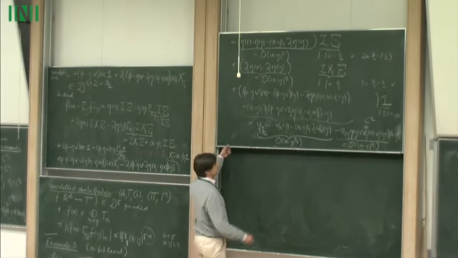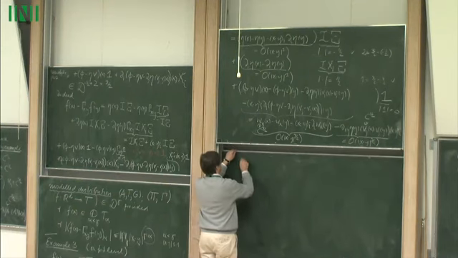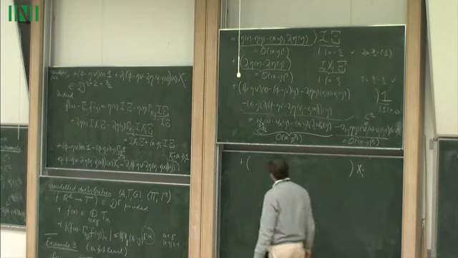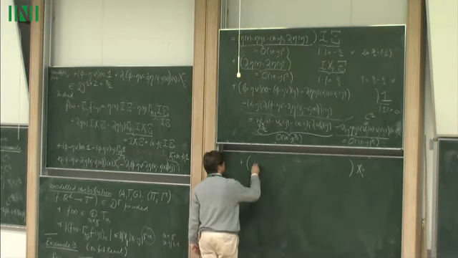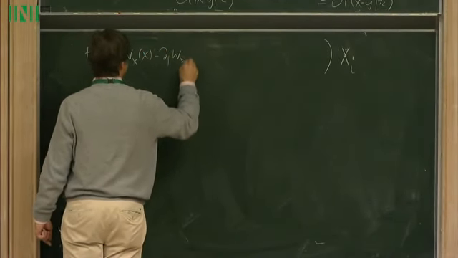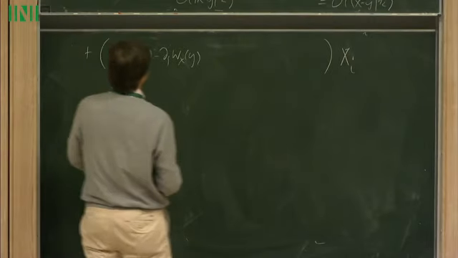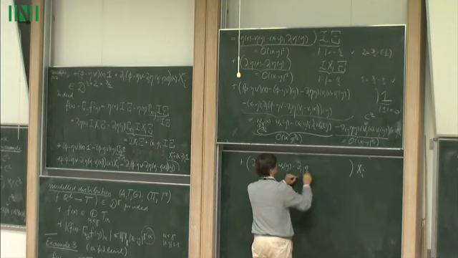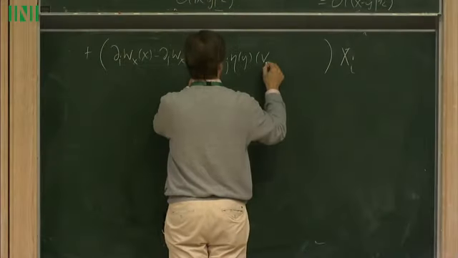And then there is the last term, which multiplies the xi, and that turns out to be di wx x minus di wxy plus or minus this term.